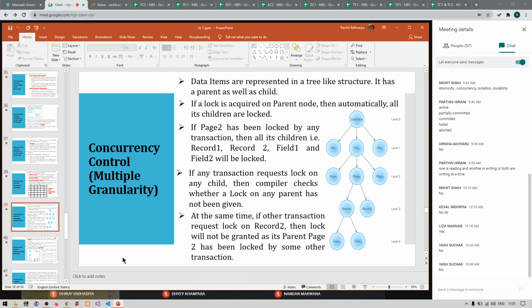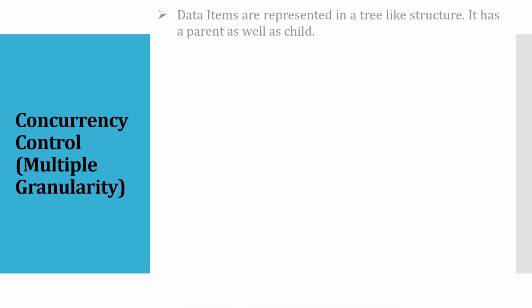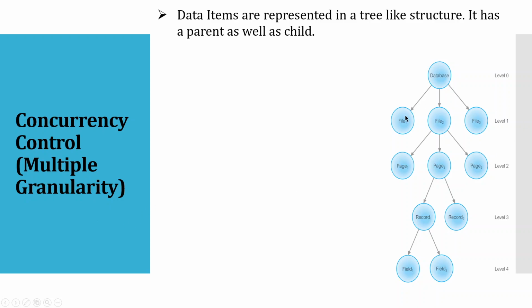So let us assume that transaction T1 has got a shared lock on file 2. Now, because it is a tree-like structure, we have to use intention shared lock also. That means all its children. What are the children of file 2? Page 1, page 2, page 3, record 1, record 2, field 1 and field 2.